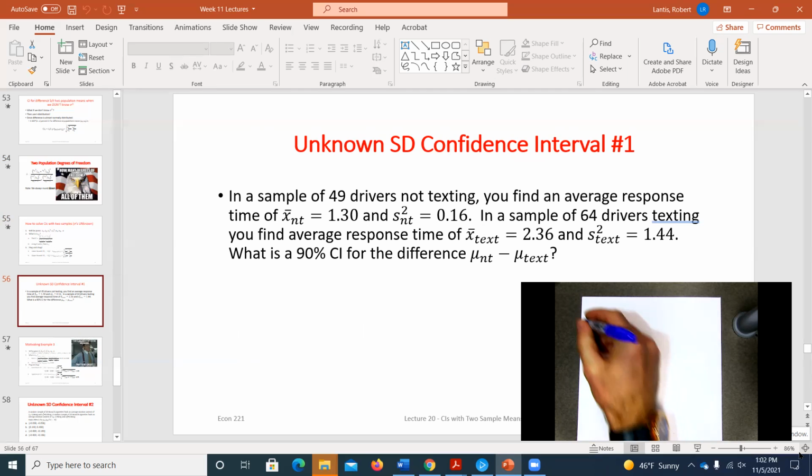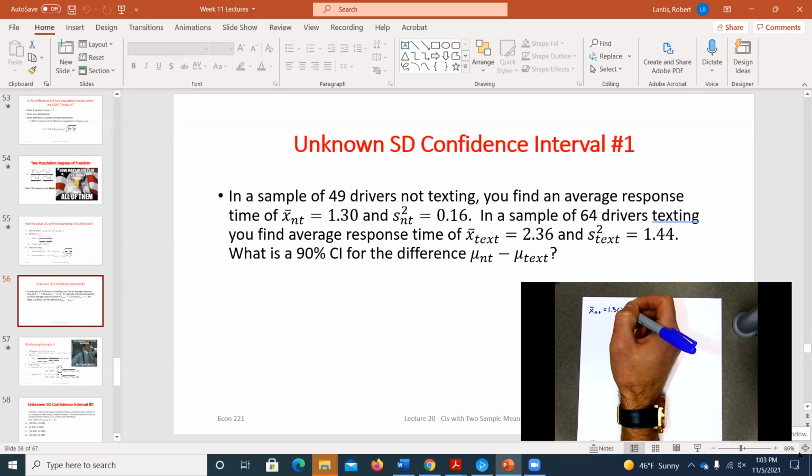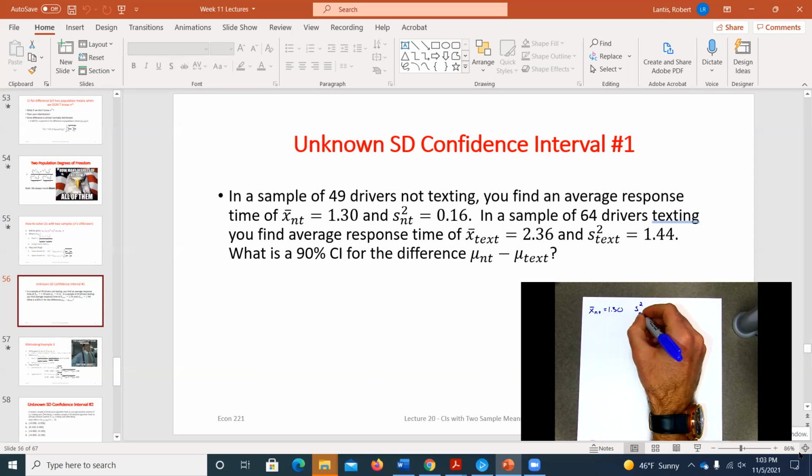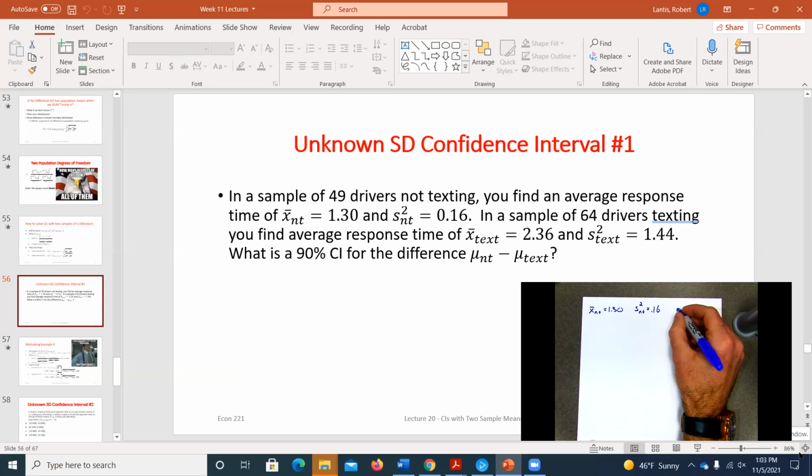So I've got texters, non-texters. The sample mean for non-texters was 1.3 seconds. The variance for non-texters' response time, 0.16 seconds. And I had 49 of them.